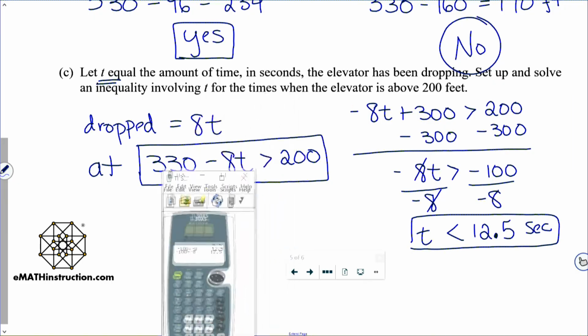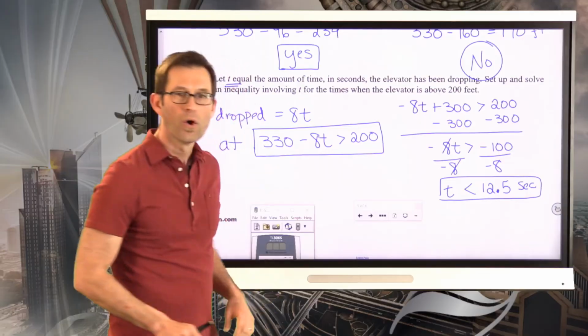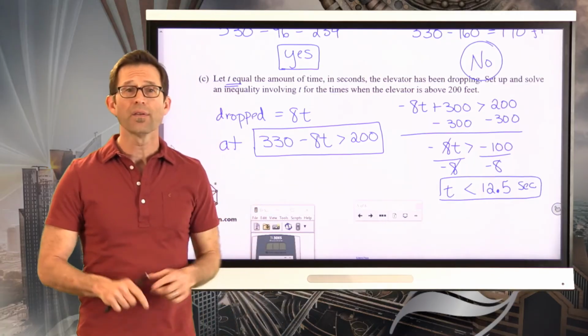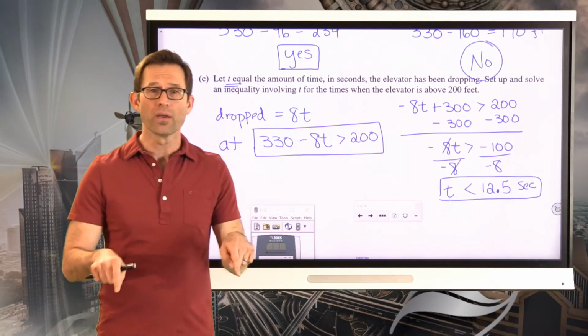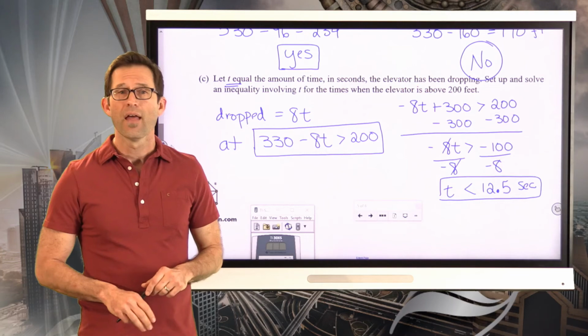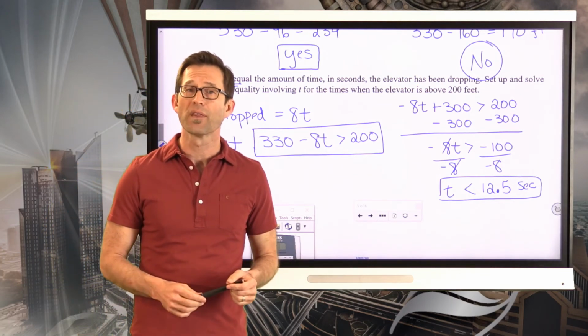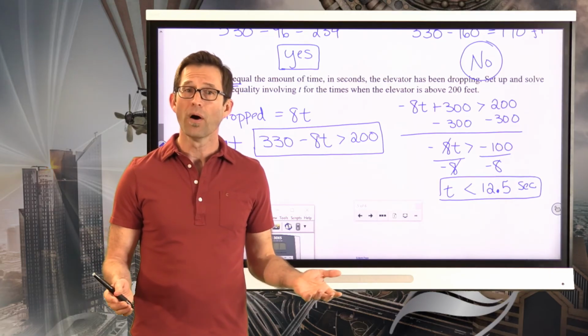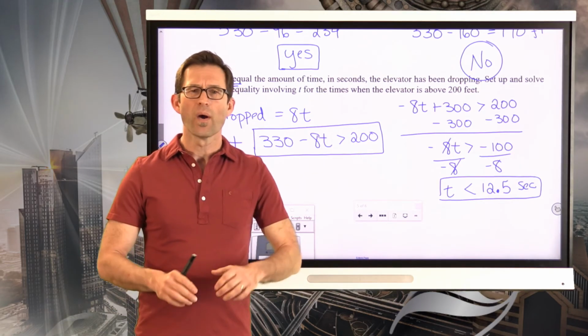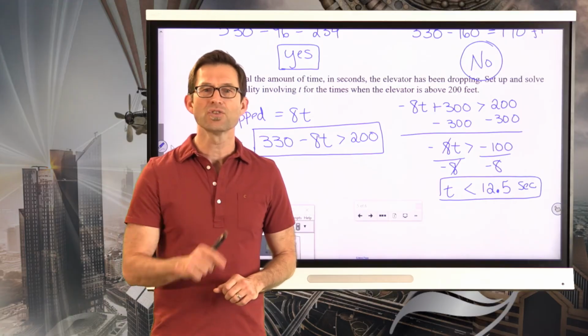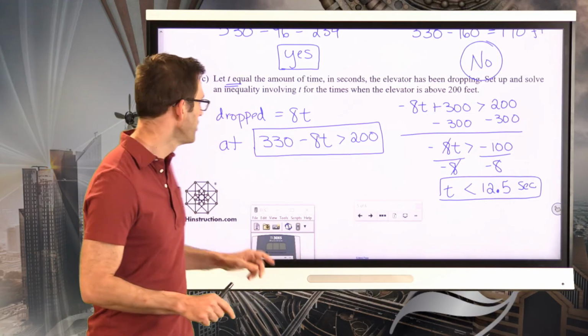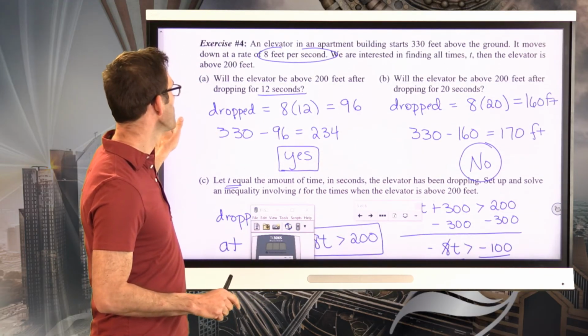Now, think about this just for a moment. What this says is that if I get on this elevator, 330 feet going down at 8 feet per second, then for all times less than 12.5 seconds when I'm on the elevator, I'm going to be above 200 feet. Well, take a look.